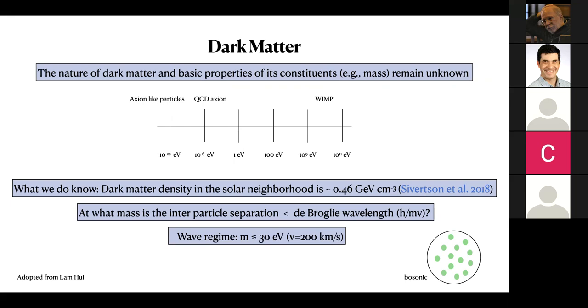And it turns out that if you do this calculation, assuming a velocity of 200 kilometers per second, which is the standard velocity in the Milky Way, then this mass turns out to be less than or equal to about 30 electron volts. And this is what we call the wave regime. So this is the regime where dark matter would behave as a wave. And if the mass is very small, like minus 22 to minus 20 electron volts, then we call it ultralight or fuzzy dark matter.